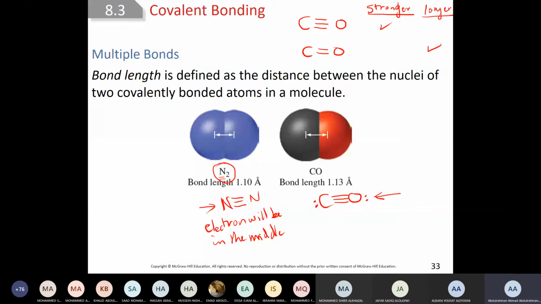So if I give you the two numbers, for example, let's say that we have 121, this is the bond length, 121 PM. What's PM? Picometer. What's picometer?